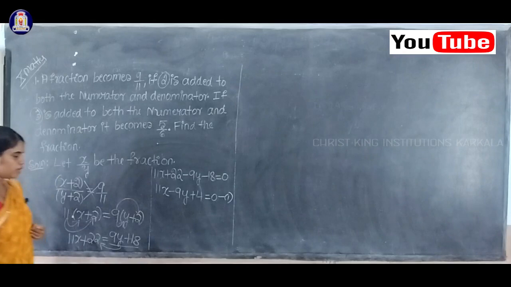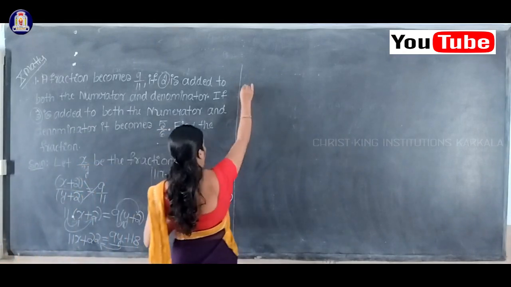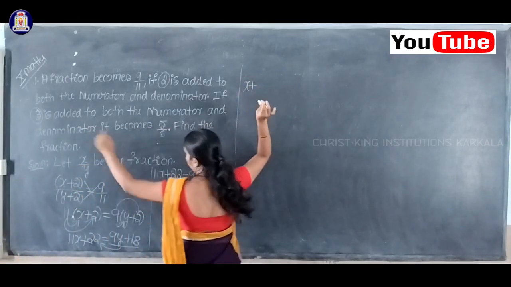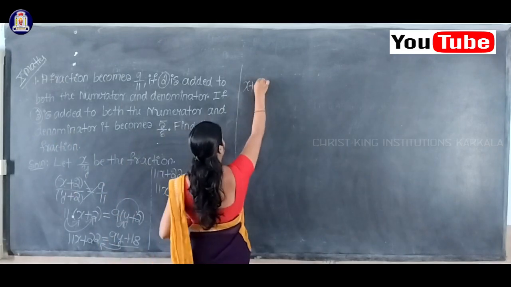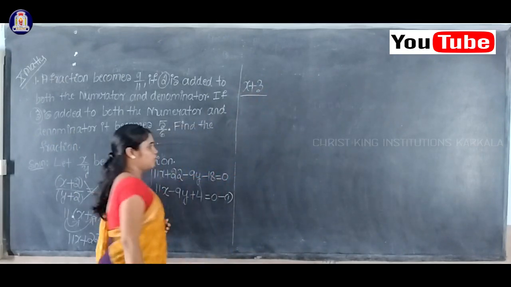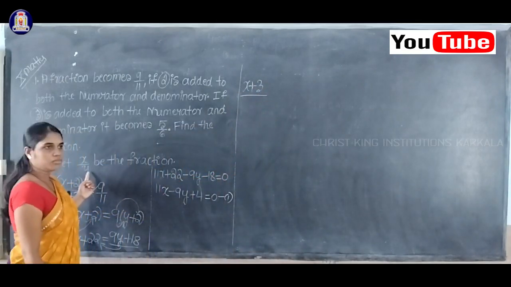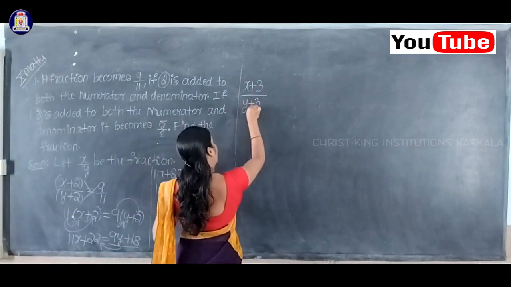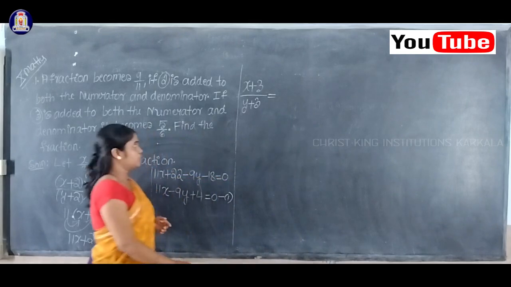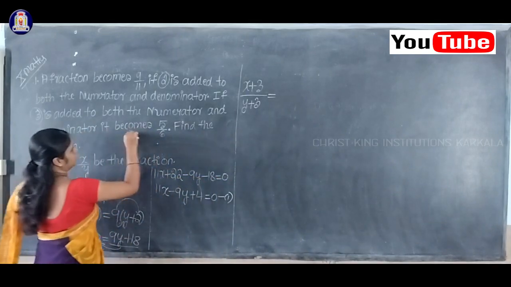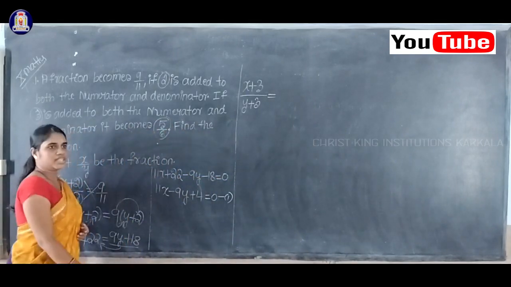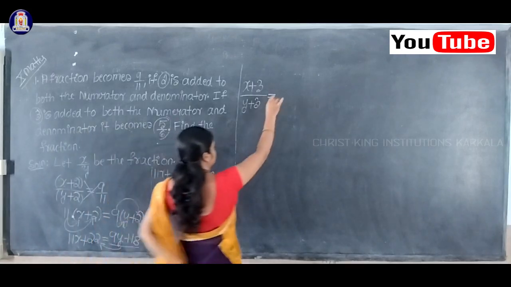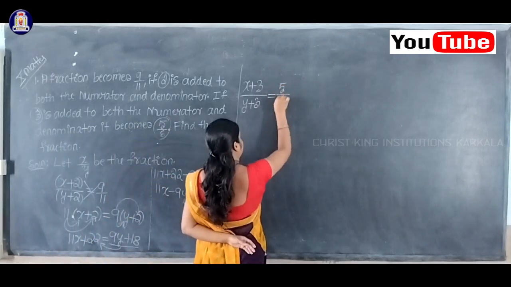Your numerator is x, so I'll add 3 to it. Your denominator is y, so again I'll add 3 to it. Then my fraction becomes 5 by 6.